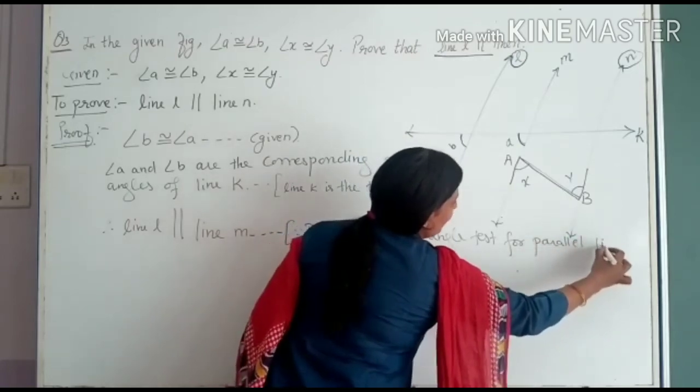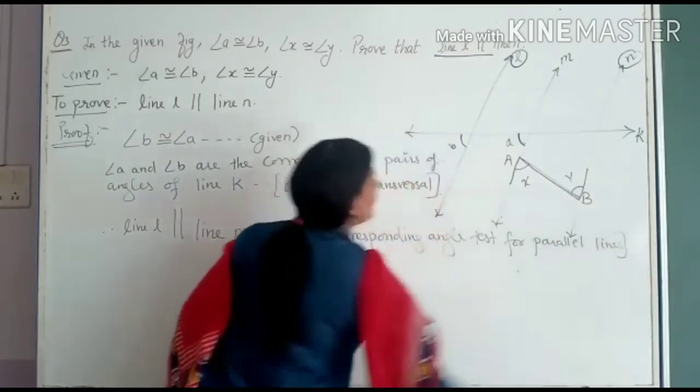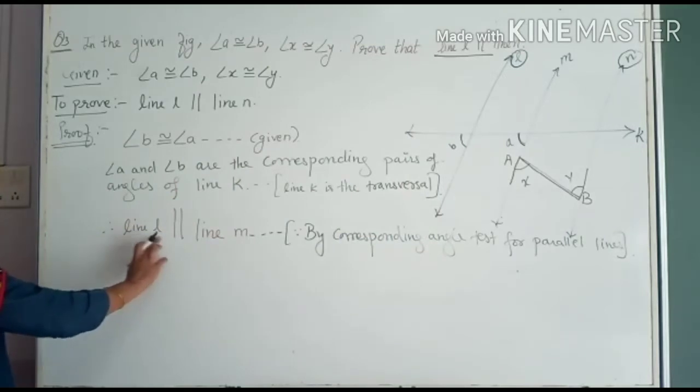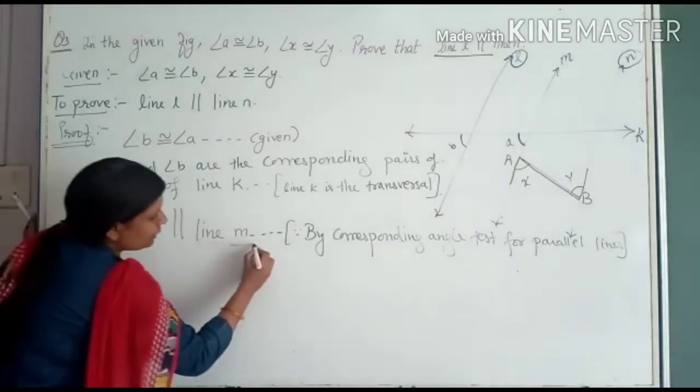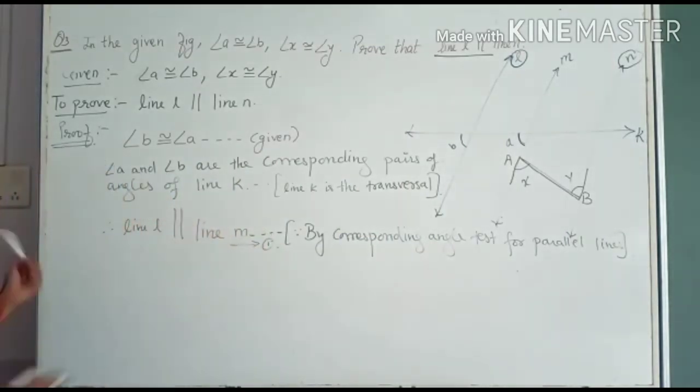So by the corresponding angle test for parallel lines, line L is parallel to line M. We assume it as equation number 1.